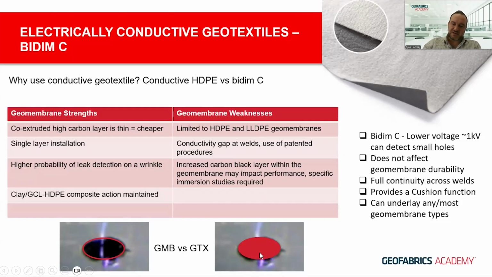But if you've got a conductive geotextile underneath, you've got that full area of the defect where the electricity can travel to. So there's not as much area there is on the right, and there's less potential for that defect to be picked up on the left than on the right, just purely down to conductive area available for power to pass through.